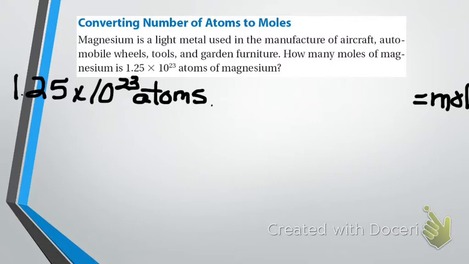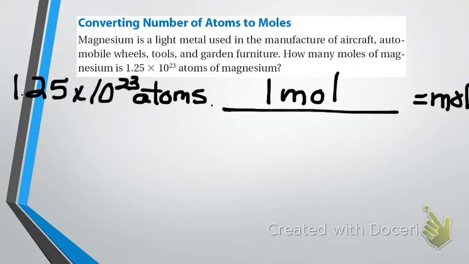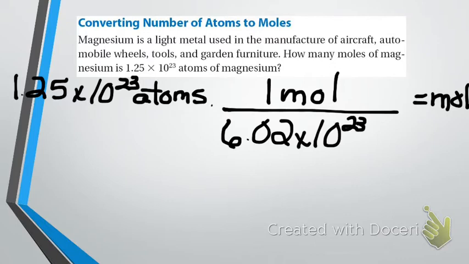We need to multiply by our conversion factor here, which is going to be 1 mole over 6.02 times 10 to the 23rd atoms, or we could write RPs there.